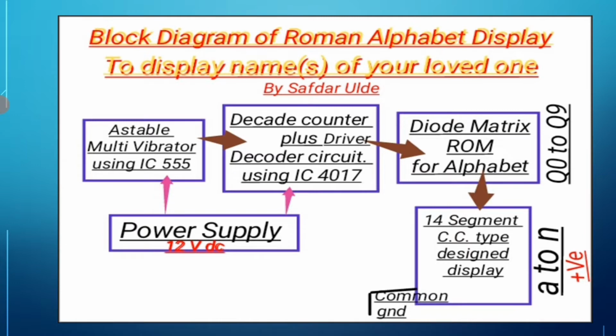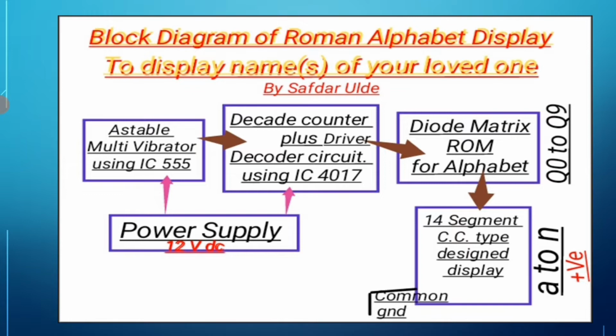Here we are using a common cathode type display. The outputs of the diode matrix ROM are connected to A to N. These are the 14 segments of the 14 segment display.